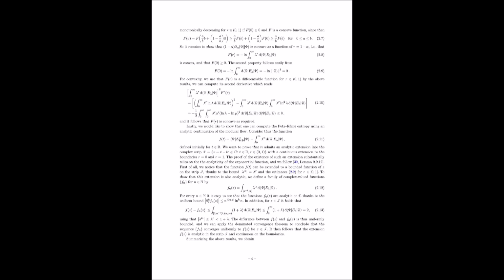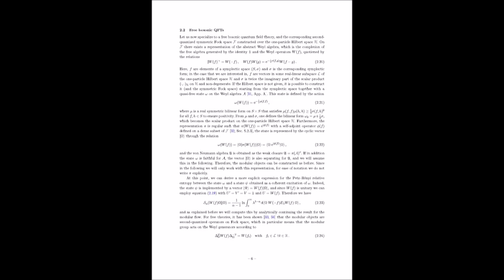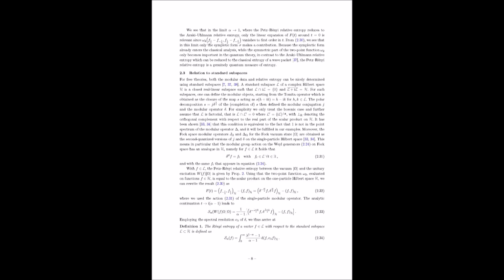The real star of the show here is this Petz-Rényi relative entropy, which the paper presents as a sort of upgrade to the standard relative entropy. What makes it so special? Well, it introduces a parameter alpha that allows us to tune our measurement. It's like having a dial that lets us focus on different aspects of the relationship between quantum states.